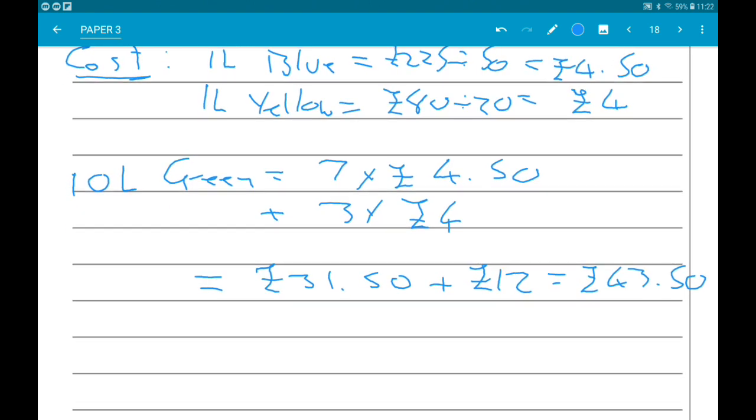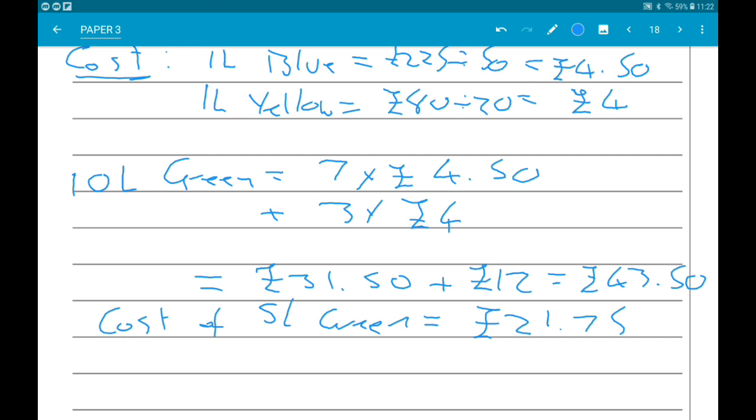So the cost of 5 litres is half of that, which is £21.75. So that's how much 1 tin of green paint costs him.